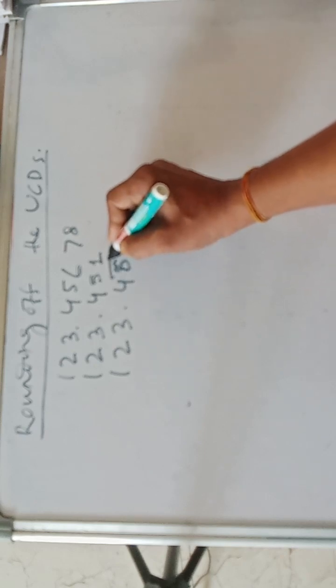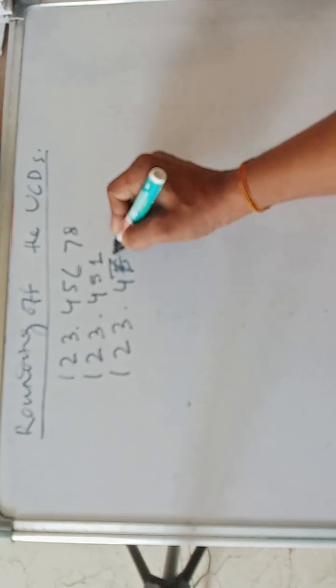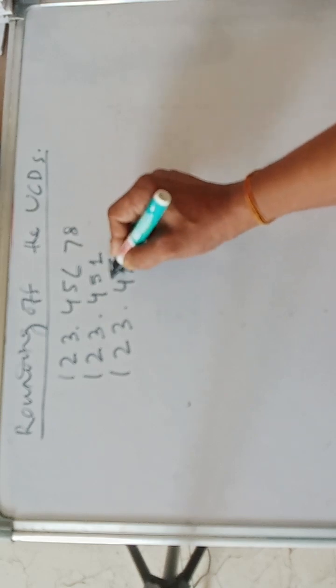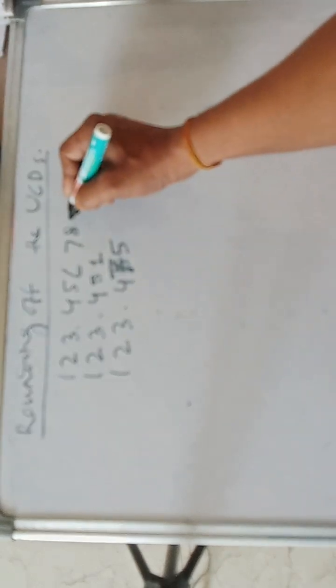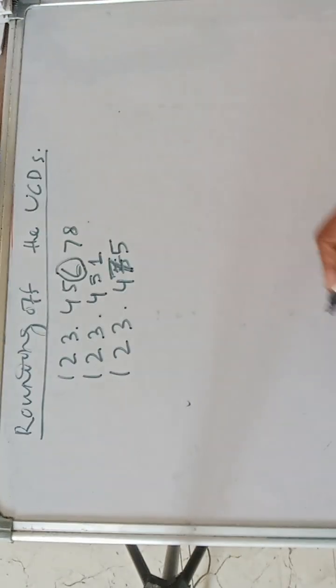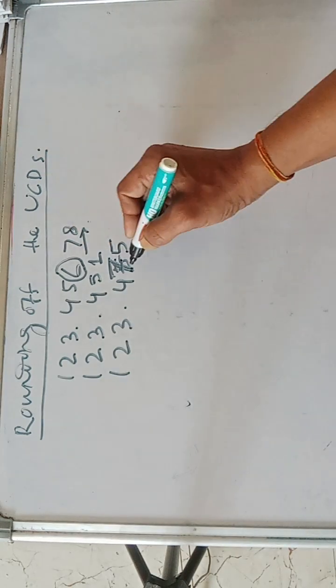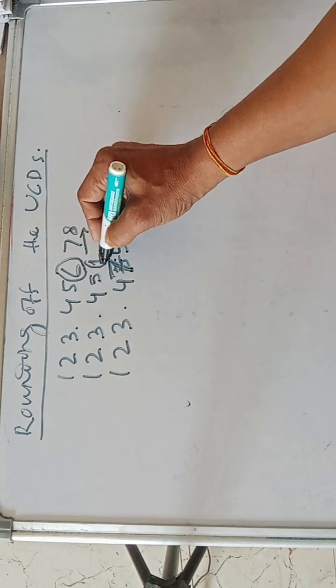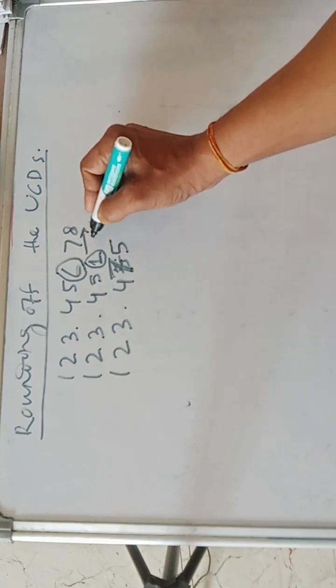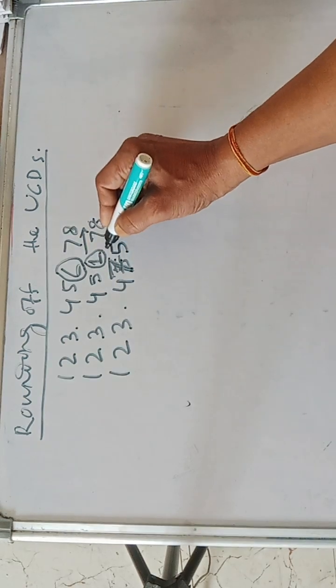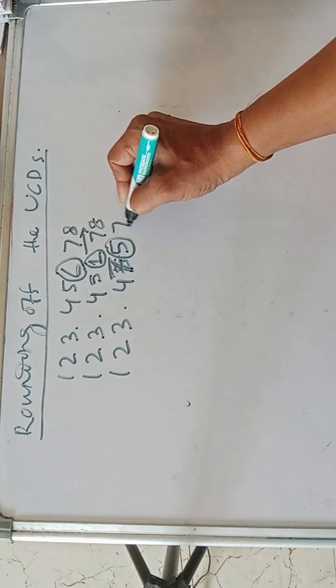Suppose it is 4, 7, and 5. Now, in all three cases, suppose this is our first uncertain digit and the rest follow it. Here in this case, this is the first uncertain digit, and in this case, this is the first uncertain digit.